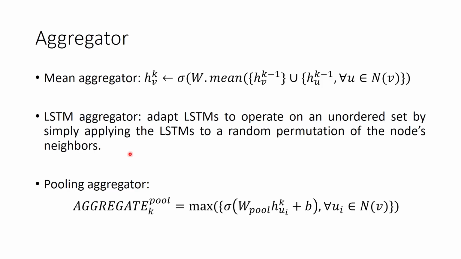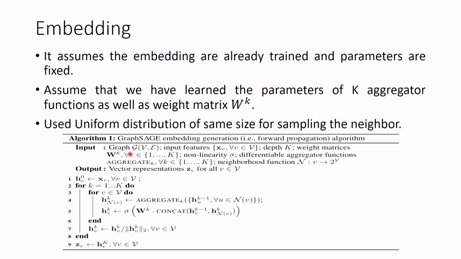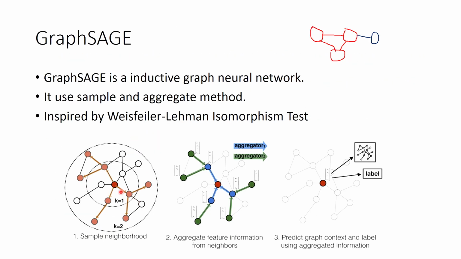Like we apply LSTMs to its random permutation, so sometimes it's any random permutation, we apply LSTM on its neighborhood, like any random type of LSTM on these 3 nodes.